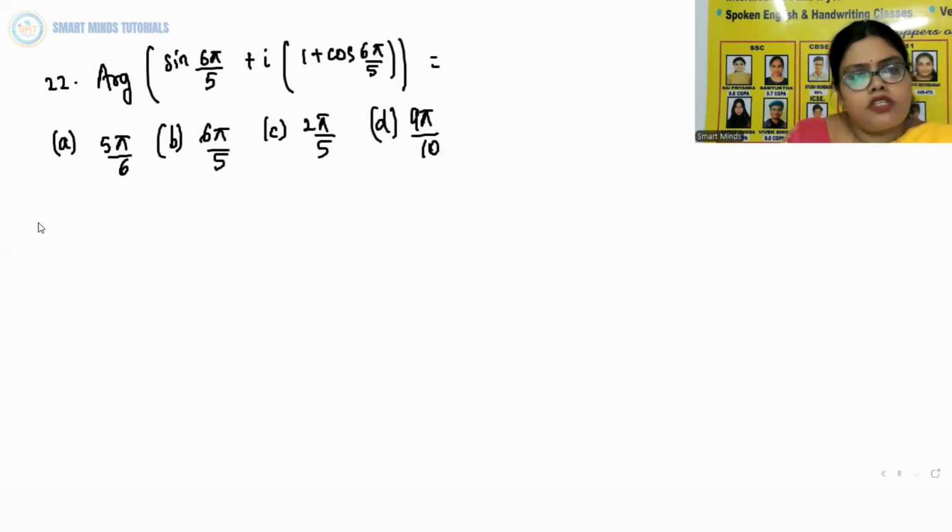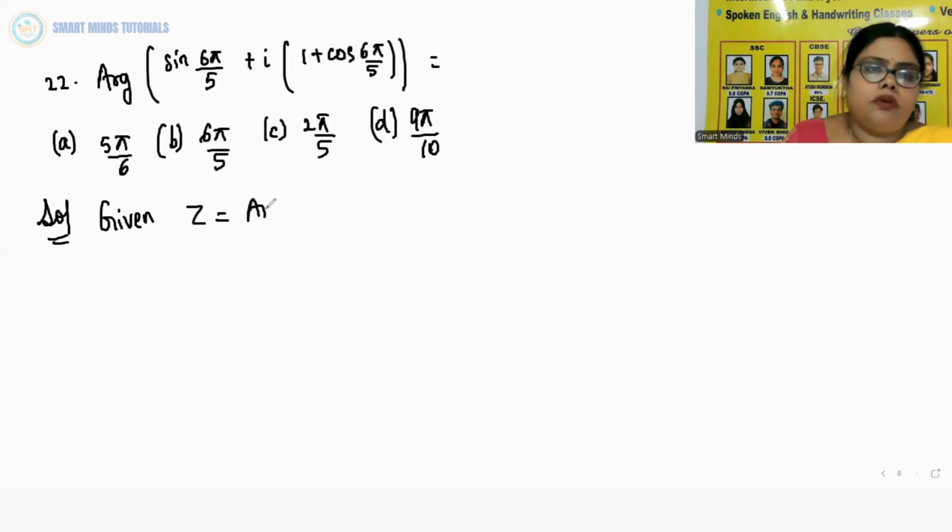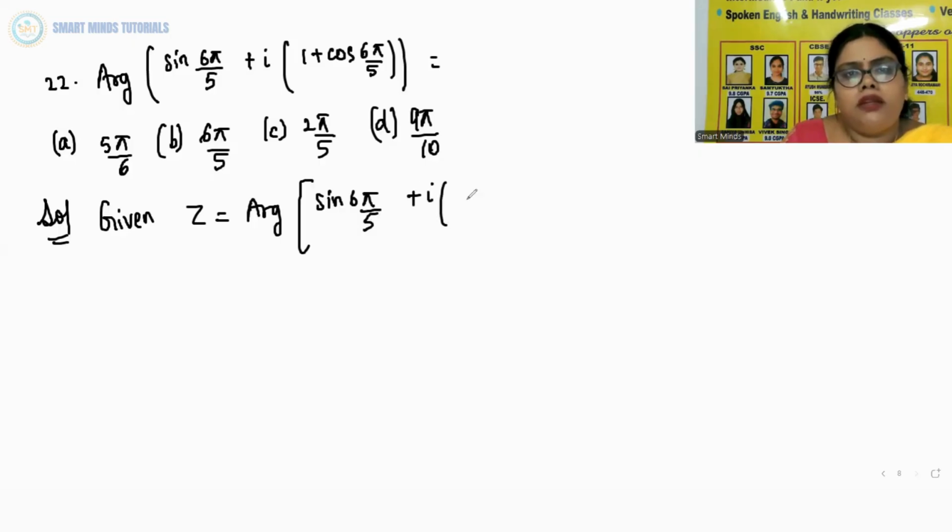Now take this question. Argument of sine 6 pi by 5 plus i into 1 plus cos 6 pi by 5 equals to how much? So first, what is given to us? Let us write down. Given z is equal to sine 6 pi by 5 plus i into 1 plus cos 6 pi by 5.